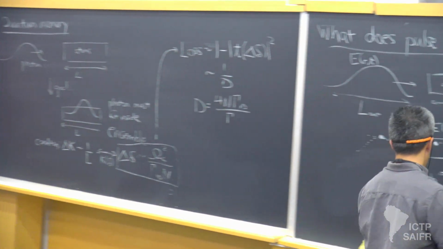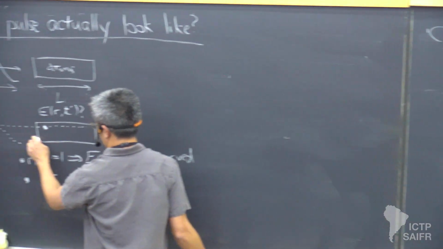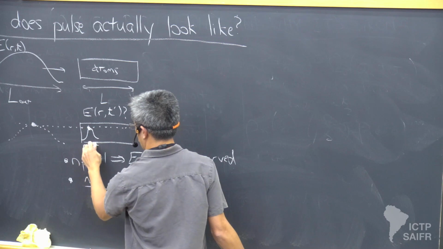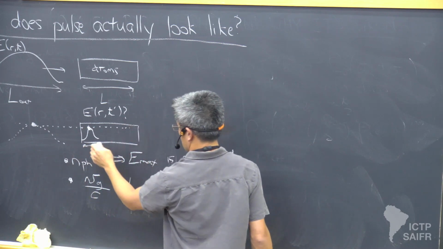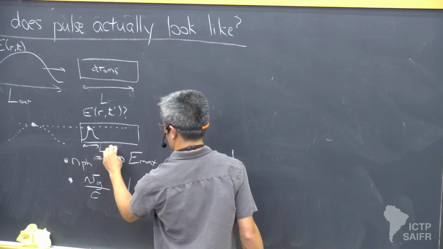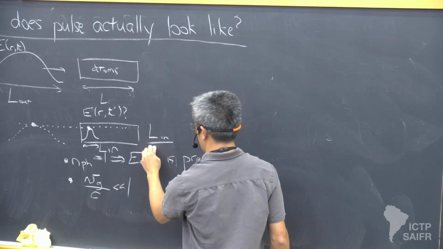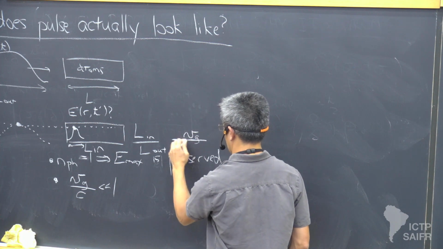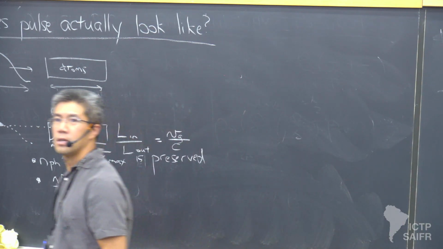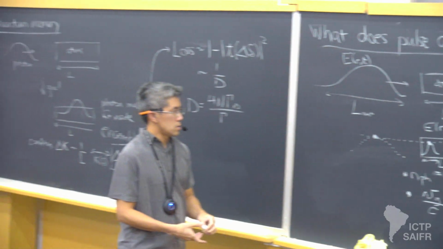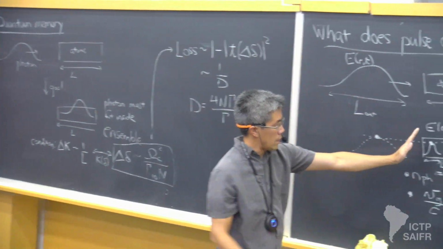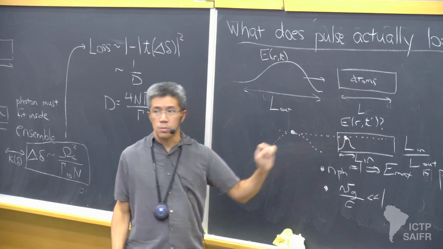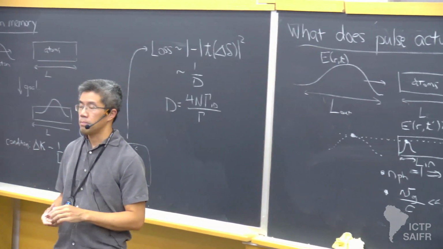So the fact that I go into a much slower medium means that my pulse length inside, let's call this L in, I have to have L in over L out equals Vg over c. So just to summarize, I start with the pulse outside. When it enters, the spatial extent of it compresses by a lot, but the peak amplitude stays the same.